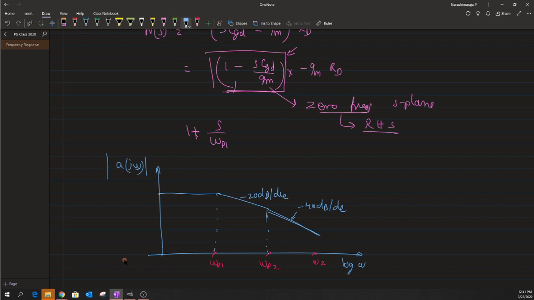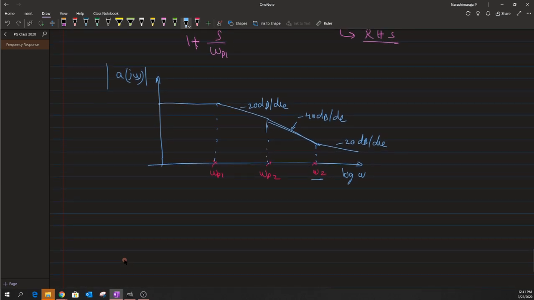When we meet this zero, we know that a zero term will generally add plus 20 dB per decade, so the gain will again step down at a different rate, which is minus 20 dB per decade because of this zero. In short, a zero will add plus 20 dB per decade, whereas a pole will add minus 20 dB per decade to the transfer function.